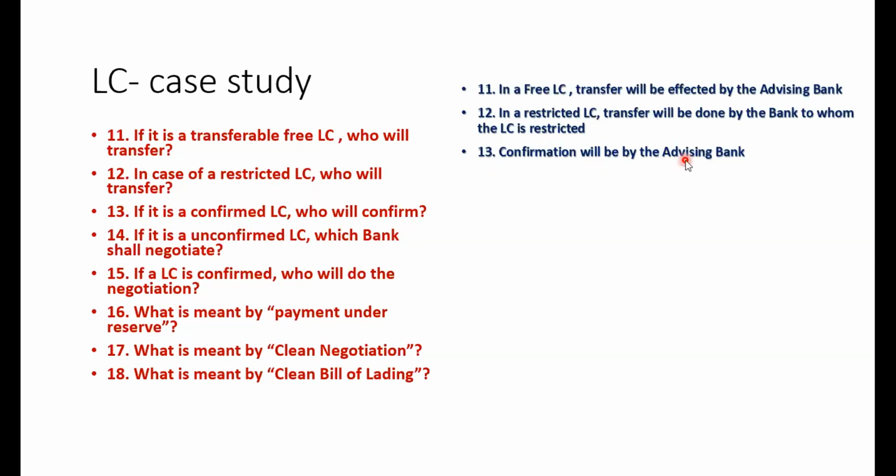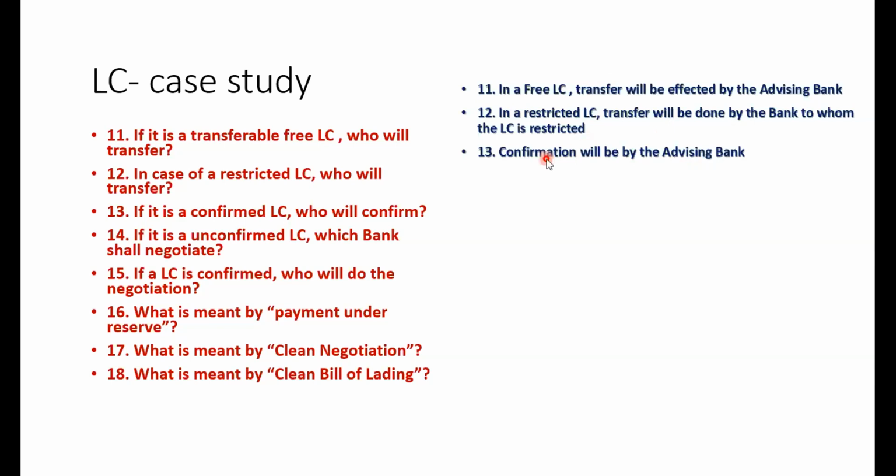Remember, in all LCs, the confirmation will be added by the LC advising bank. Once the confirmation is added, no other bank can negotiate. Then it becomes a restricted LC, because they added confirmation, so they will only negotiate. The confirming bank will only negotiate. So a confirmed LC is also a restricted LC, because they have added confirmation.